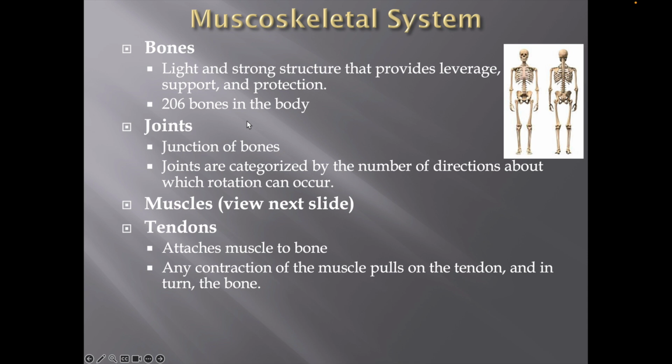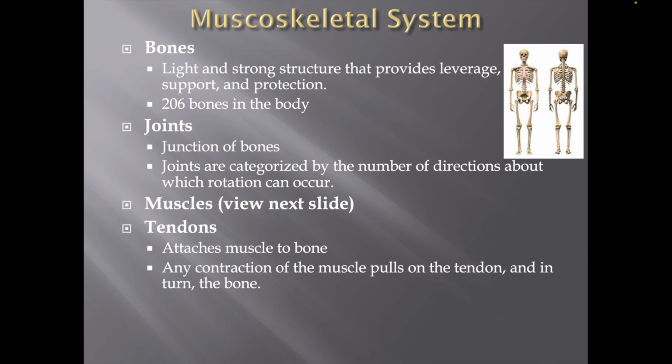Now, where these bones come together, those are called joints, essentially where two bones touch. And there are several different categories of joints depending on how movable those joints are. So, for example, some bones that come together don't move a lot at all, so they're very rigid in nature, versus other places where bones come together, they are more freely movable.